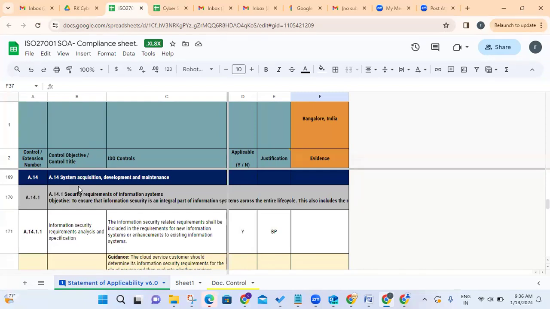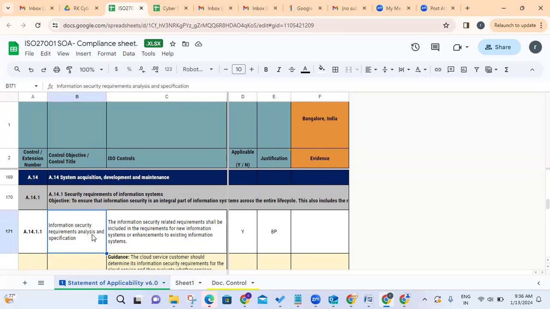There are 3 portions under the 14th one, for example system acquisition, development and maintenance. Under this one, the SDLC life cycle also we have to verify. Information security requirements analysis and specification: whatever information security related requirements there are, they should be included in this requirement.